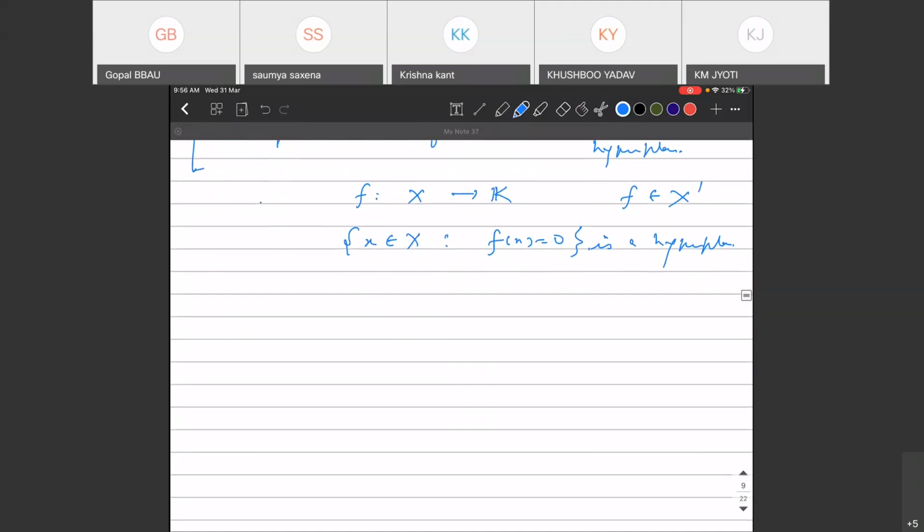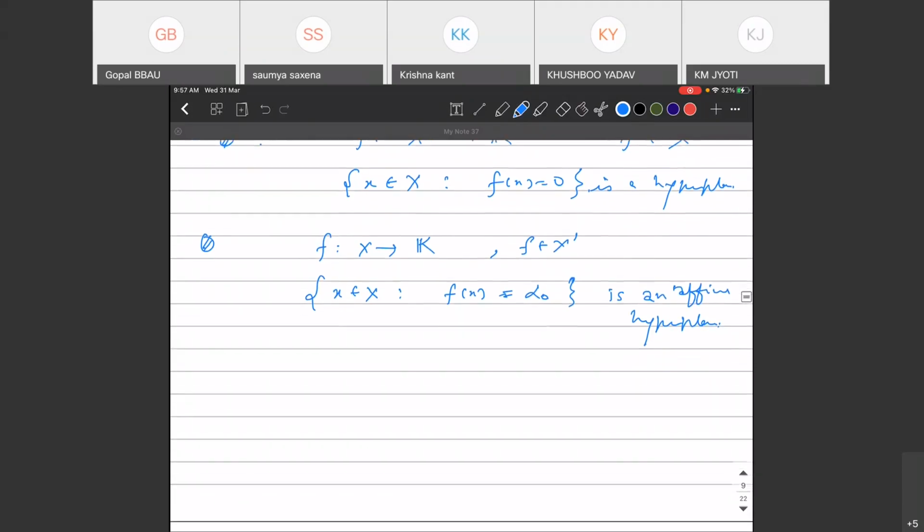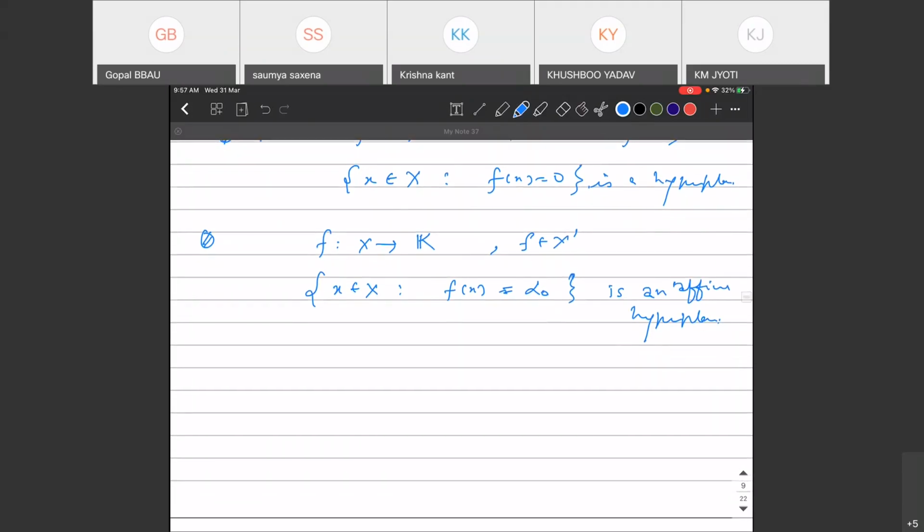We have also proven one result that if f is a linear functional, then all those x in X such that f x equals some alpha naught is an affine hyperplane. Do you remember this? Yes, sir.